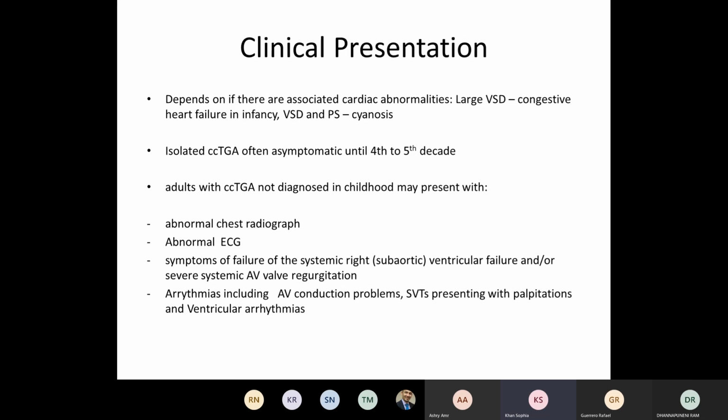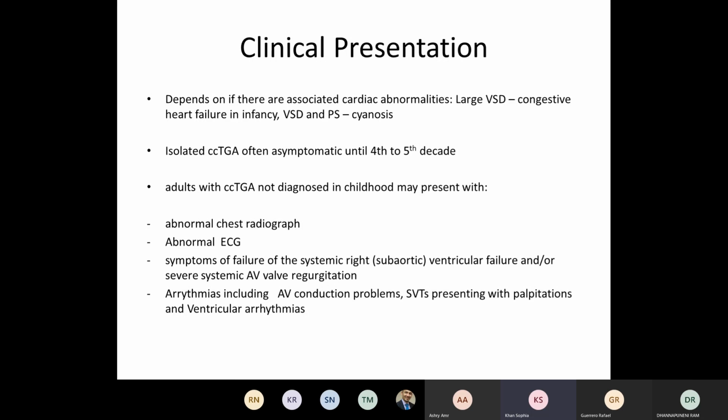It's really the isolated ccTGA which sometimes goes undetected until quite late in life. There may be clues on a chest X-ray, where the mediastinum will be different, with a straighter left side. Or there can be things on the ECG that alert you; there are some typical findings, and if there's dextrocardia, that might prompt further investigations.